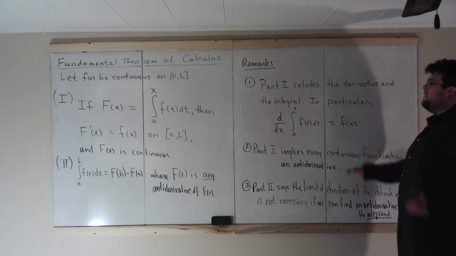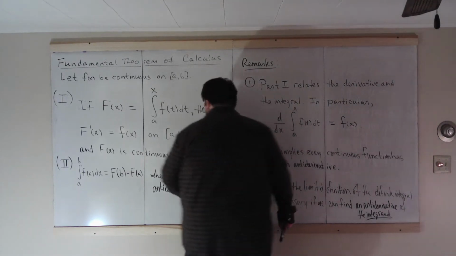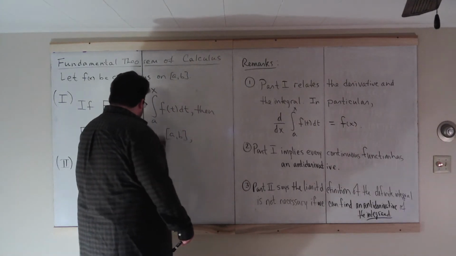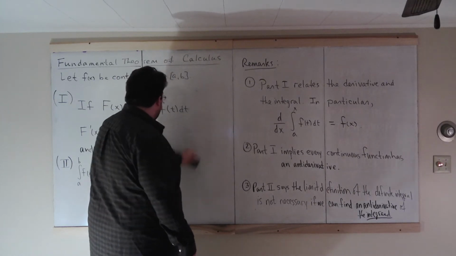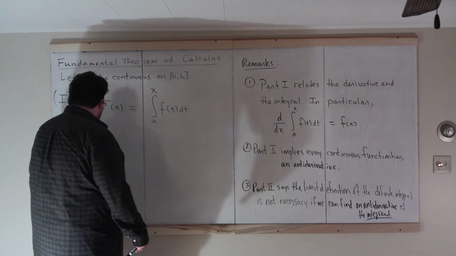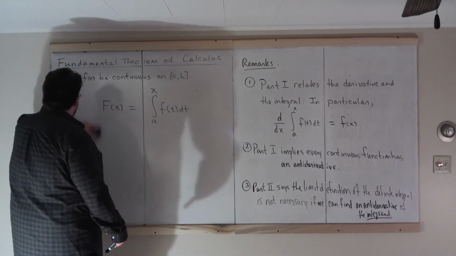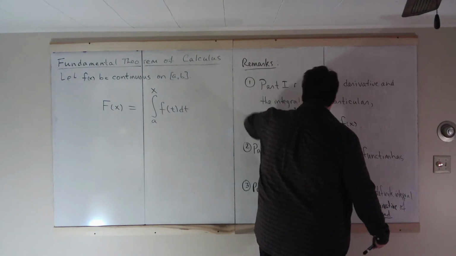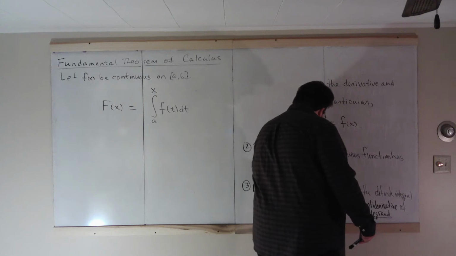But let's look at a visual for the first part of the fundamental theorem of calculus. And I'll discuss a little more about what it means for this capital F to be continuous. And I have a visual for that I like to use. It actually helps, in my opinion, to understand a lot of Calc 2 and Calc 3 integrals that you have to do.